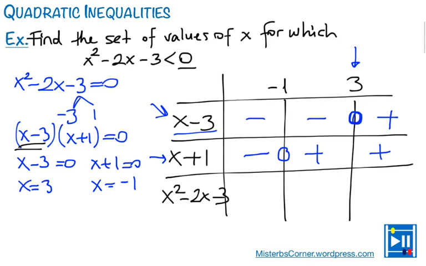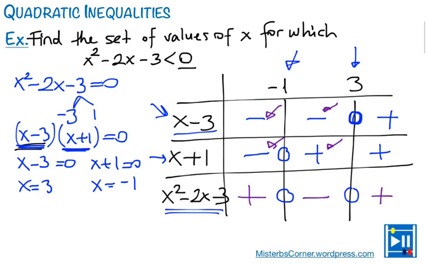Now, you can see that x minus 3 and x plus 1 are being multiplied here. So that's what I'm going to be doing. Minus times minus makes plus. Minus times plus makes minus. Plus times plus makes plus. Of course, this expression becomes 0 for both of these values, minus 1 and 3.